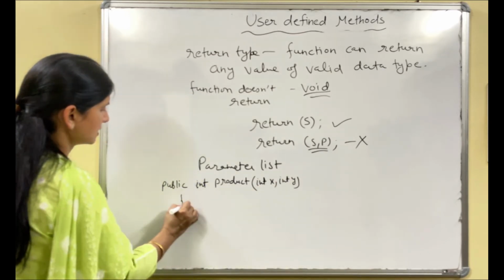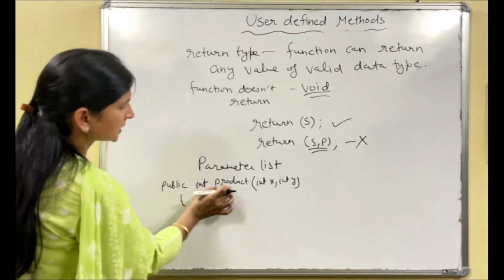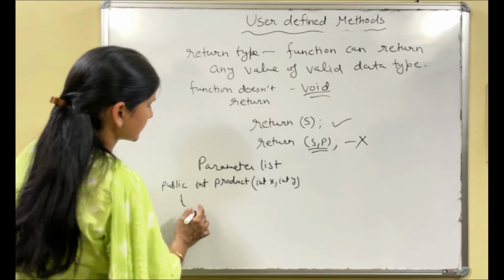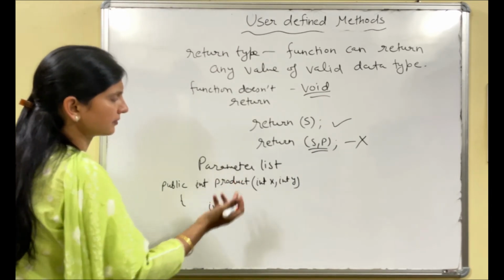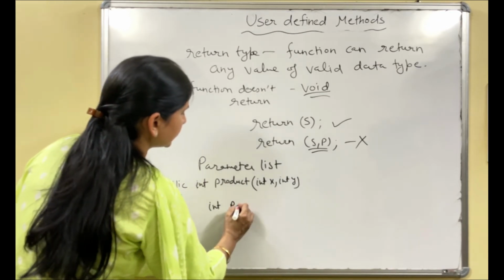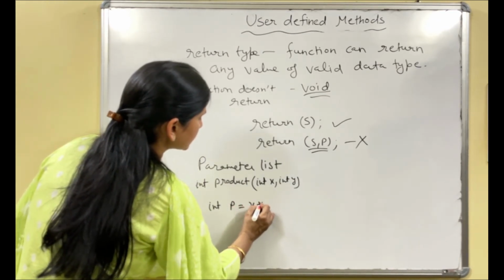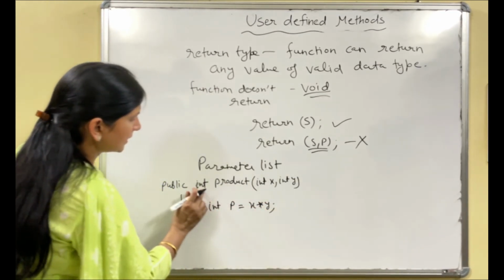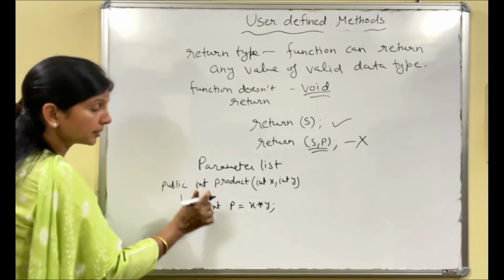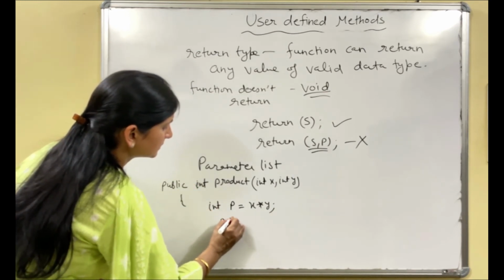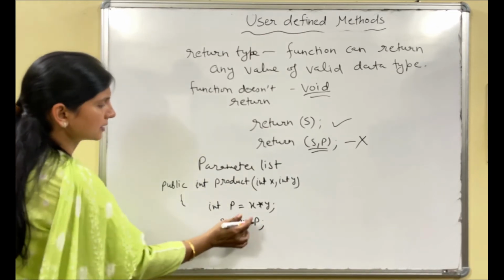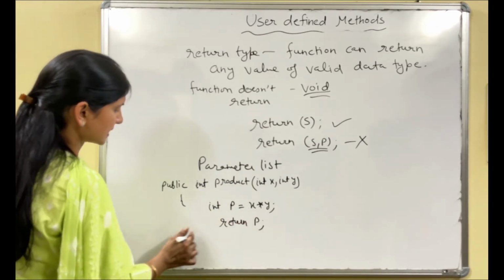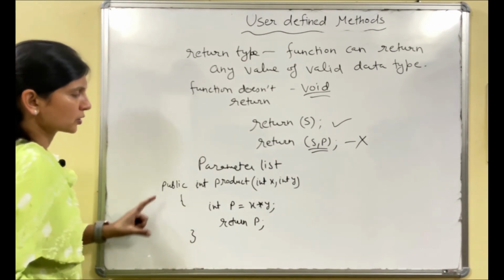Access specifier, return type, method name, parameter list. And in the body, as I have taken product, I will find the product of x into y. As I have taken the return type int, I will use return. What will I return? p. Or in parentheses you can write it. So this is the method.